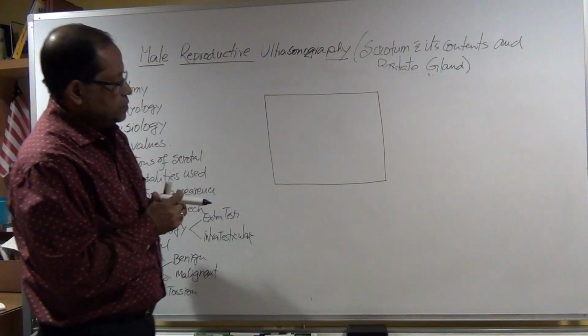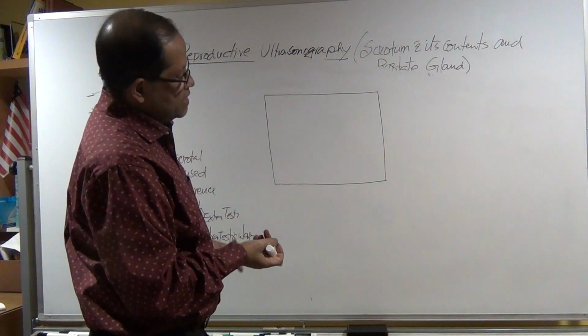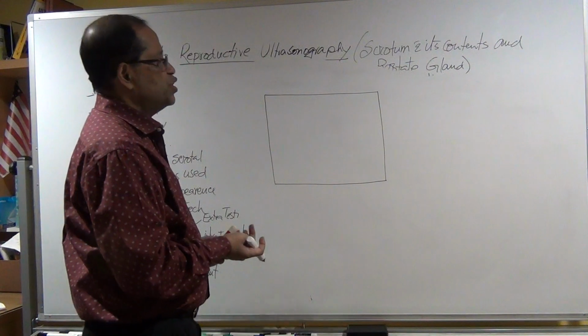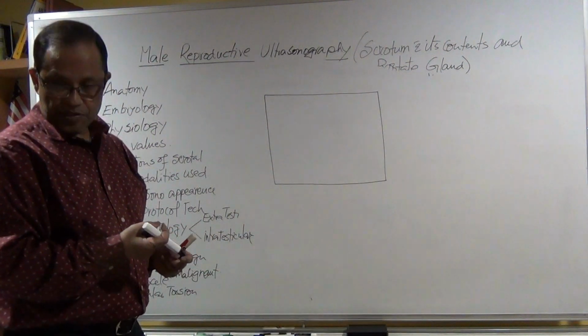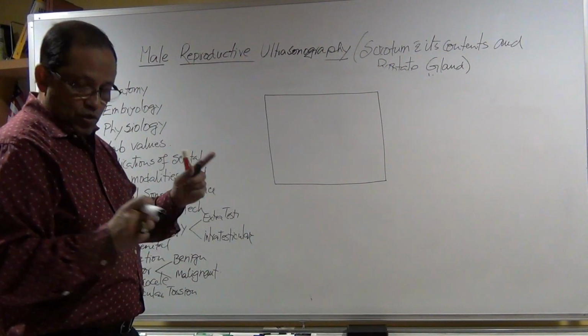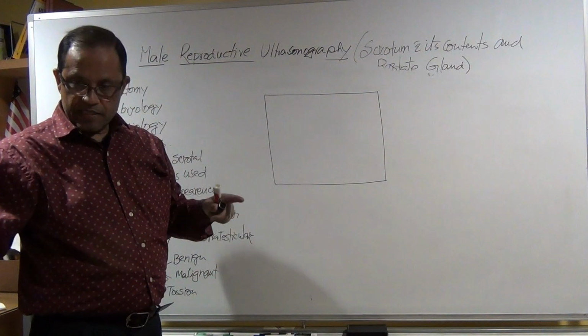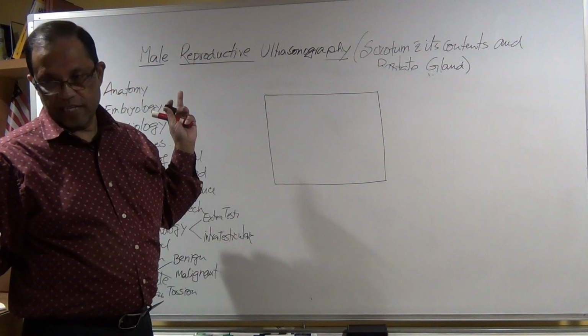So this is a rectangular shaped image, and this image is created by which type of transducer? Linear sequential transducer, high frequency. Okay, I'm going to give details when I talk about the protocol technique.